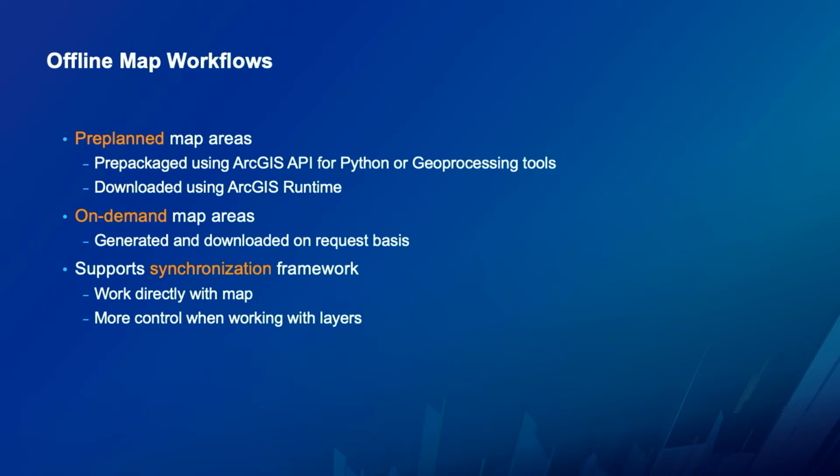So what we've been talking about so far with the offline and the editing was editing specifically against a feature service. But really what we encourage you to do is to think about working with maps offline, because a map just embodies all your layers and puts them together into one convenient container, and you can work with that offline.